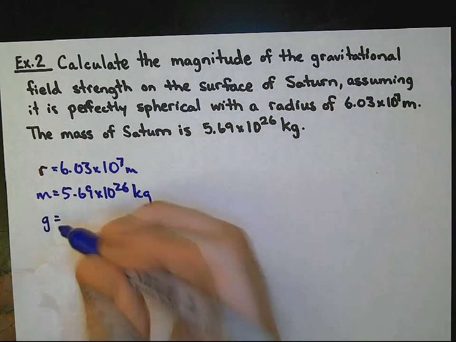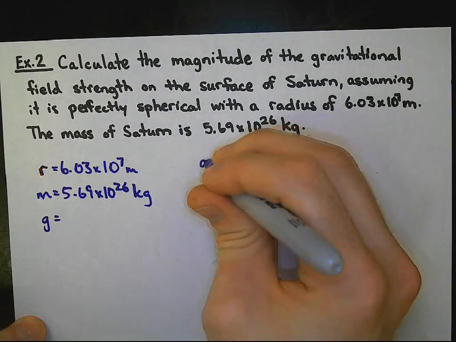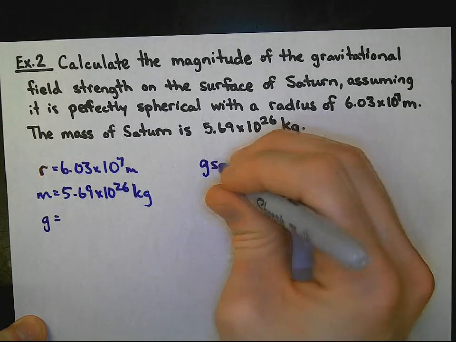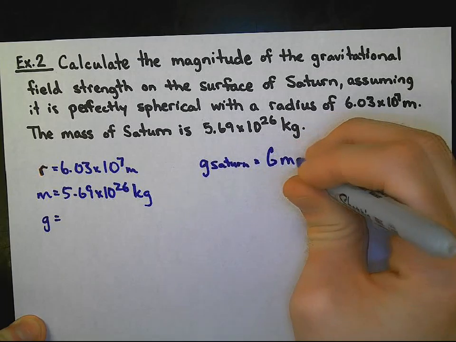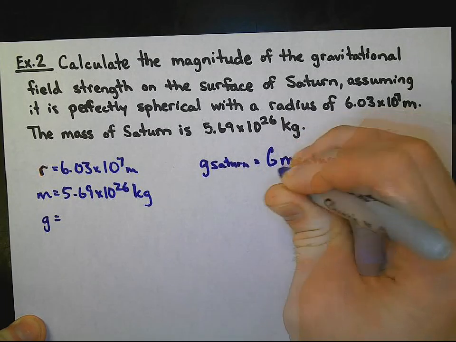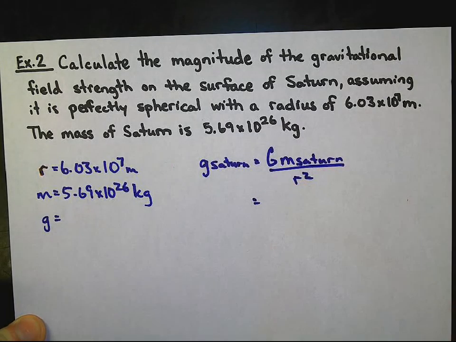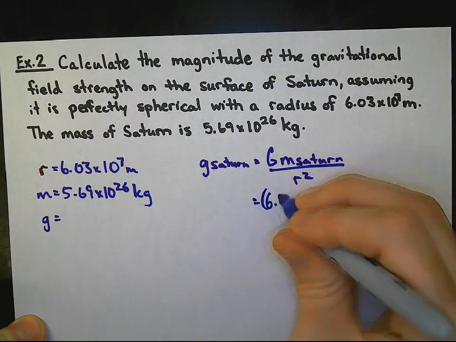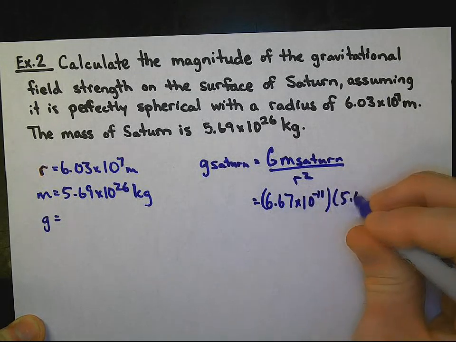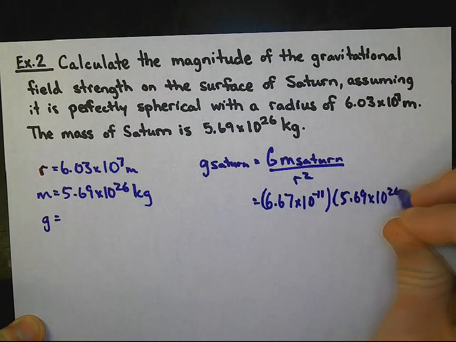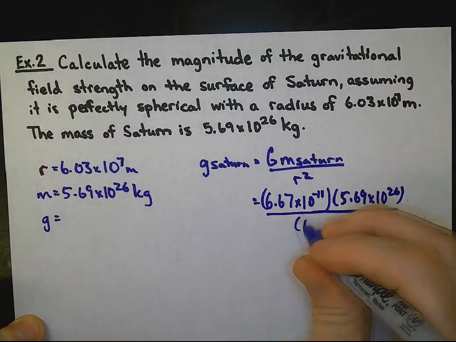So quite simply, our field strength magnitude on Saturn is equal to G, mass of Saturn, all over r squared. That will be 6.67 times 10 to the negative 11 times 5.69 times 10 to the 26, all of that divided by the radius of 6.03 times 10 to the 7, squared.